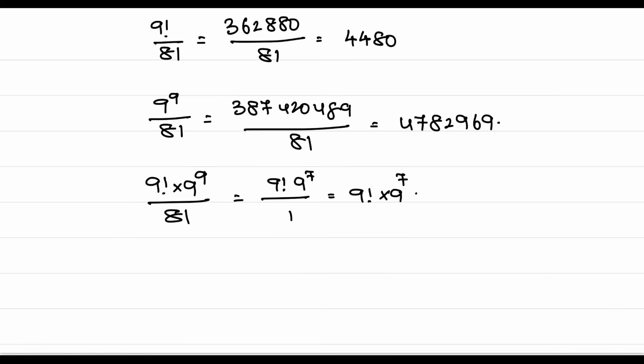The given equation can be written as 4480 into A plus 4782969 into B is equal to 9 factorial into 9 to the power of 7. Because it's a very big number, I kept it like that.